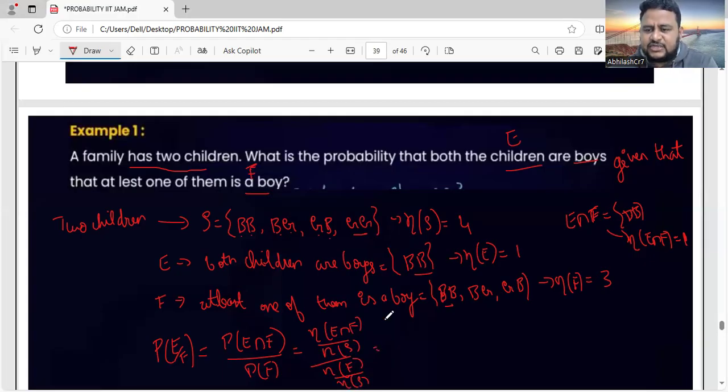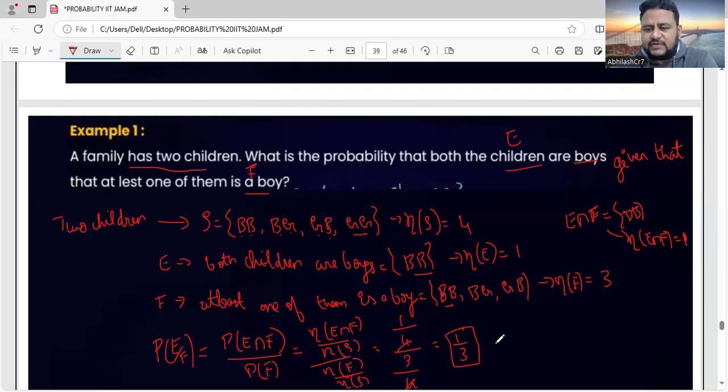E intersection F is 1. The cardinality of S is 4, divided by the cardinality of F, which is 3. And the cardinality of S is 4. So if you see, this and this will cancel, and you will get 1 by 3. Here, friends, the answer is 1 by 3.